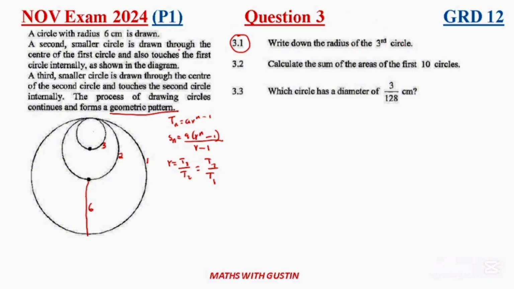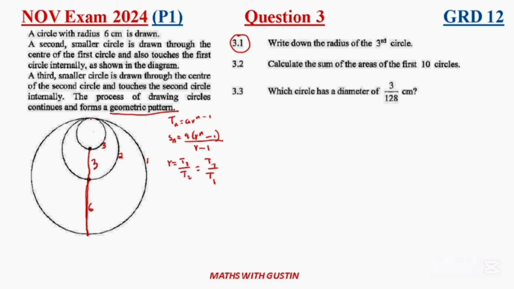Okay, so now if the first one is 6 centimeters, the question says it's drawn and then touches internally. So it means the radius of the second circle is just half of this one, which is 6 divided by 2, which is 3.